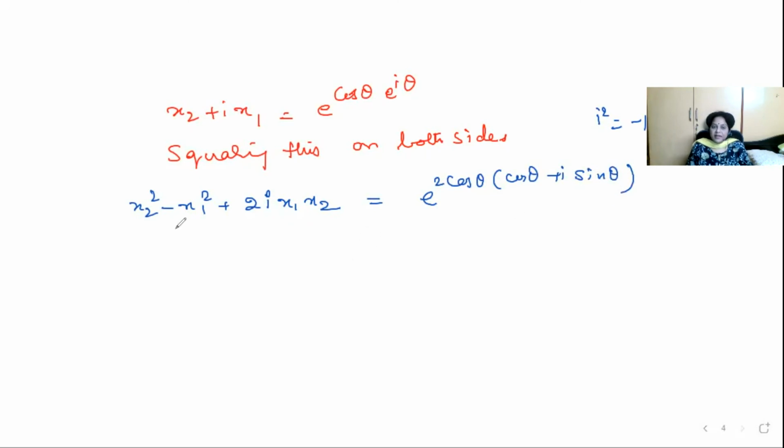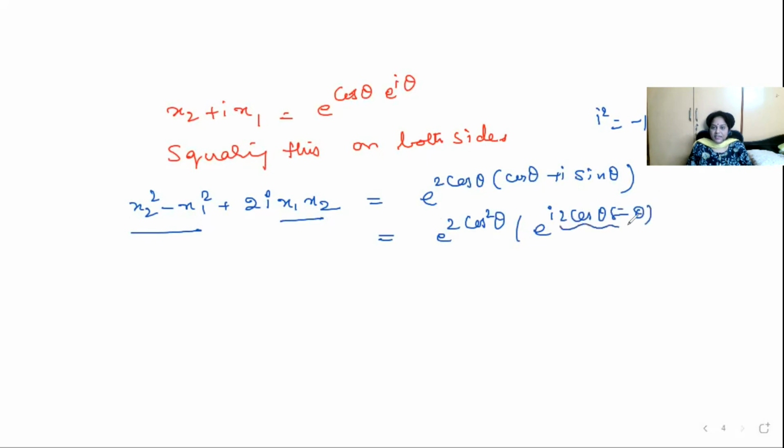Comparing the real parts, we get the value of x2 square minus x1 square. Comparing the imaginary parts, we get the value of x1 into x2. Before we compare, let us write down the real and imaginary parts properly. e raised to 2 cos square theta is a common term, and then we have e power i into 2 cos theta sin theta.